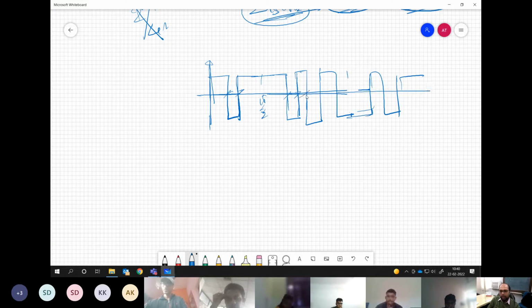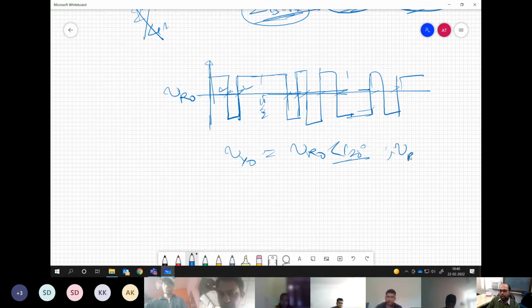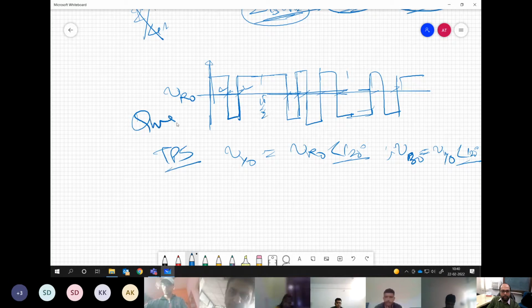The rest of the angles are dependent on these two angles. And if this is VRO, VYO is basically VRO shifted by 120 degrees. And VBO is basically VYO shifted by 120 degrees. You understand my point? So the conditions of three-phase symmetry and quarter wave symmetry are maintained forcefully.